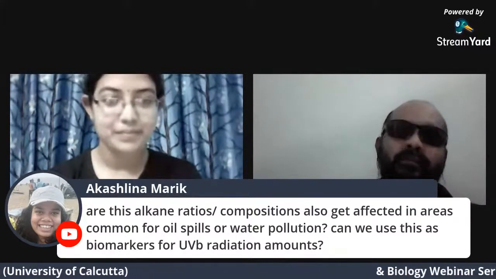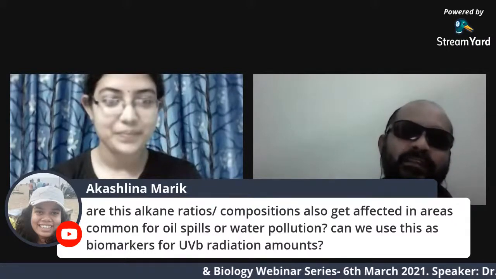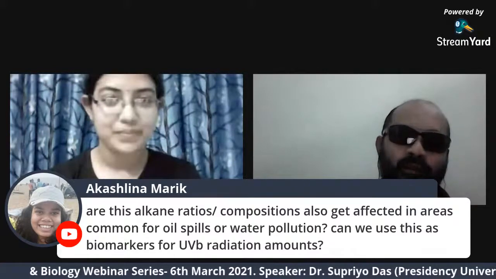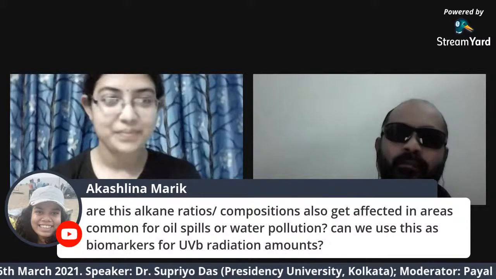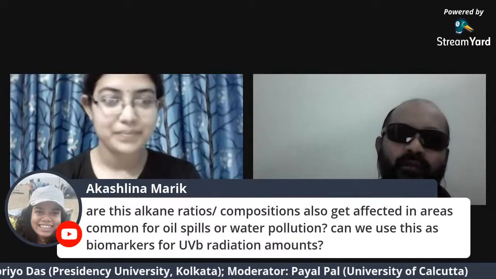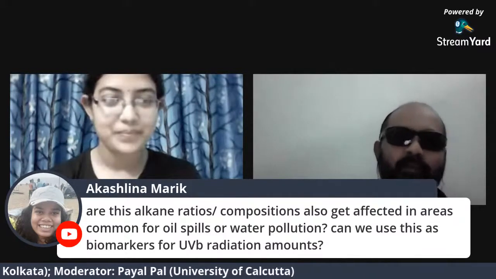They get degraded, they get decomposed by bacteria. So the ultimate signature that you may find in water or in sediment or any geological archive like rocks has gone through a lot of things before they actually came to that place.